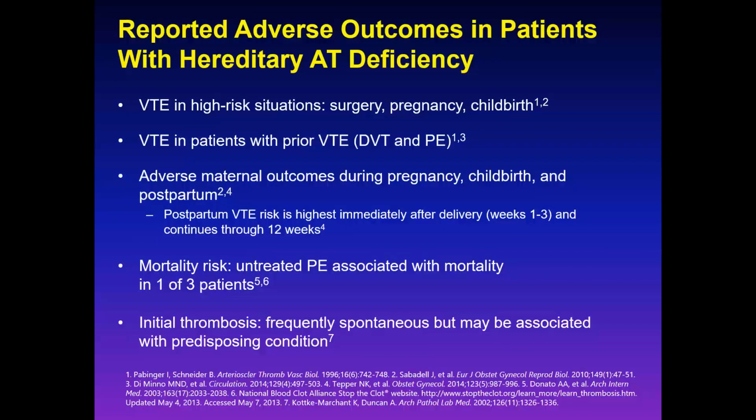So as you can imagine, there are certain high-risk situations combined with hereditary antithrombin deficiency that really make VTE events more likely in these folks. Surgery, I mentioned pregnancy and childbirth as well. Certainly cancer would be another thing to add on that list as well. And as I mentioned, the recurrence rate of thrombosis is so high in patients with hereditary antithrombin deficiency.